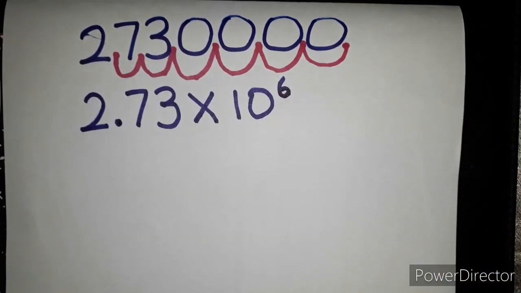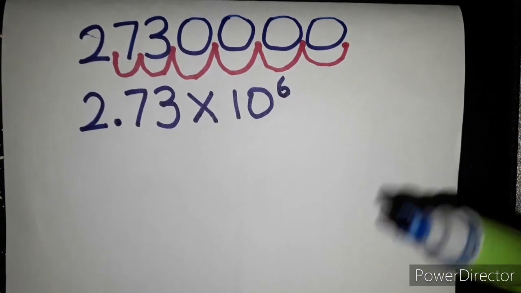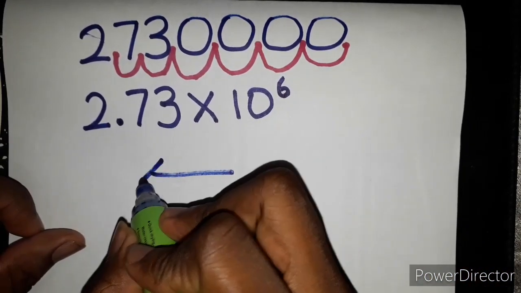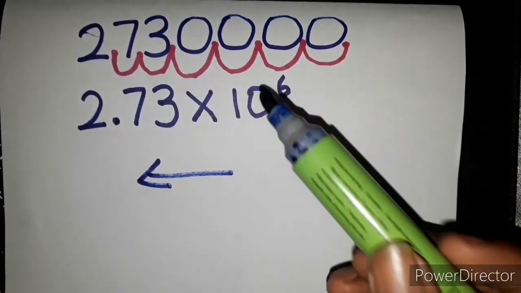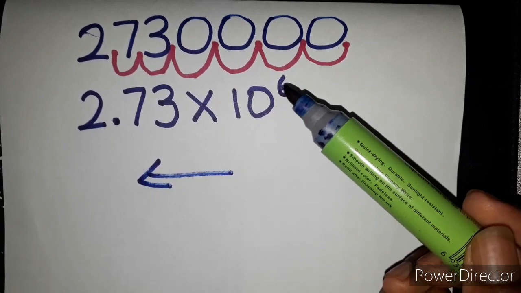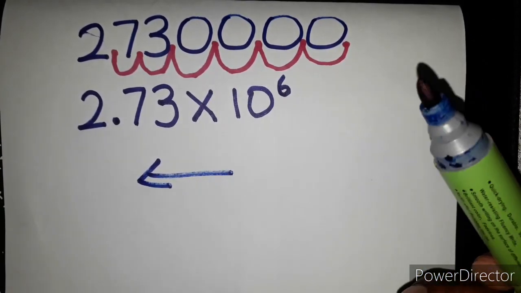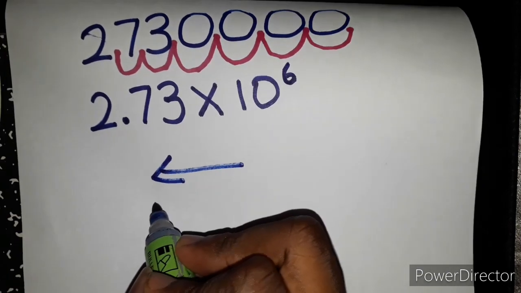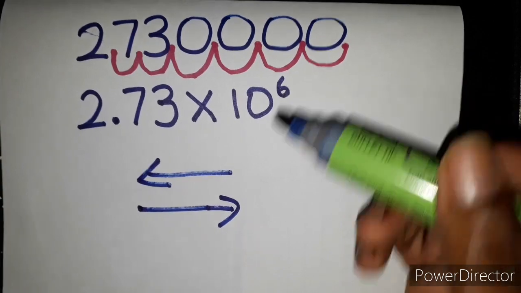Now key thing to note, as long as you're moving the point to go in this direction, the number that you're raising the 10 to will always be a positive number. In some cases, in the next example that I will give you, you'll see you will have to move the point in this direction. And that is when this number here will be negative.